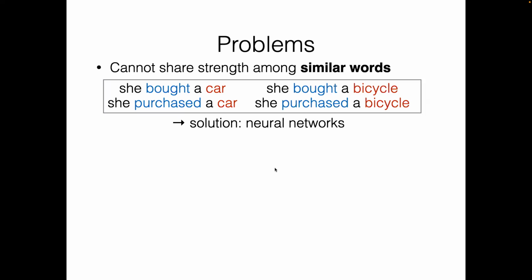But we can look at some issues with this. One is that there's really no notion of similarity that these models leverage. Here we have similar structure in these sentences. Here you have bought and purchased. Here you have car and bicycle.